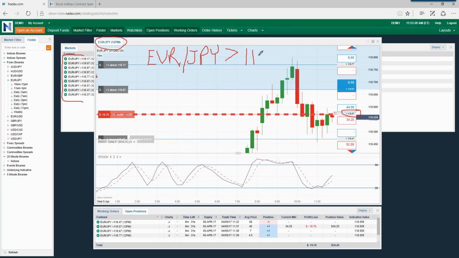In this case, I'm going to use the example 118.57. And we're going to have the time, and I'm going to say by 12 p.m. So this is the entire strike statement. This is the strike price right here. It's the most important piece of information other than the time.